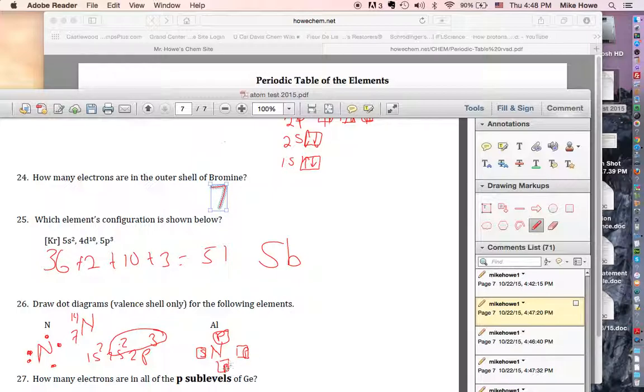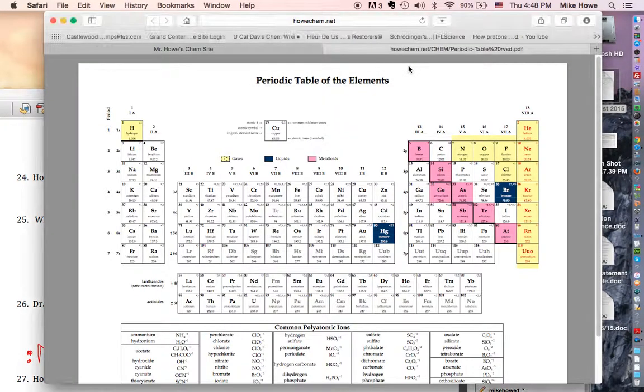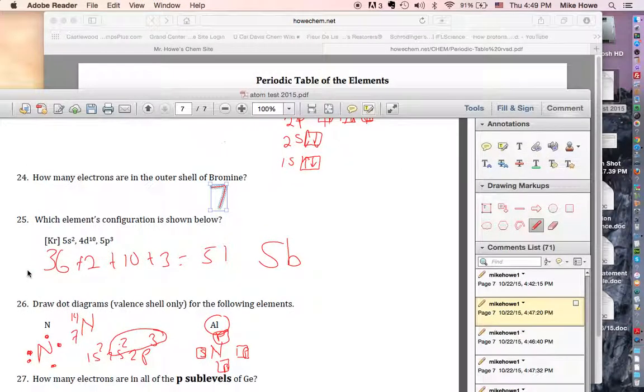Okay, now aluminum. Remember the easy way to do this was to count the columns. Looking at nitrogen, first column, second column, third column, fourth column, fifth column. If you look at aluminum, where's it? Third column, 3 valence electrons. Not 5, but 3.